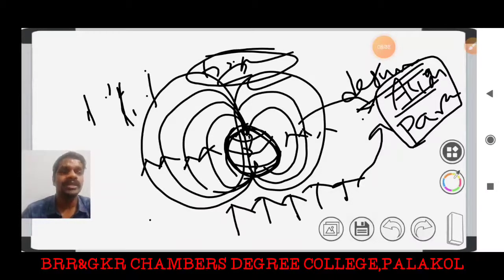What is shielding? Here, due to the circulation of electrons, it creates a secondary magnetic field.